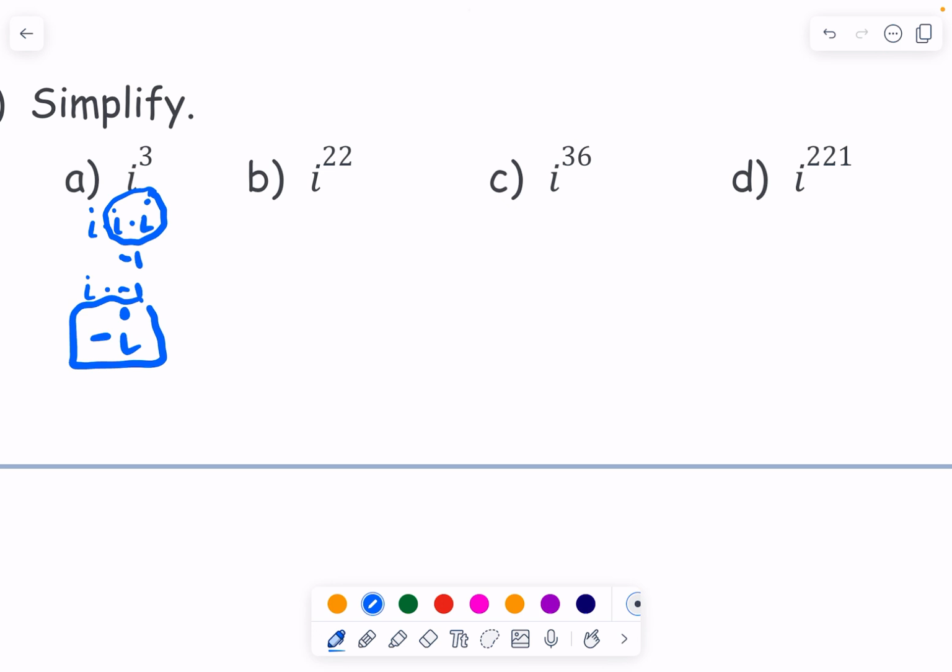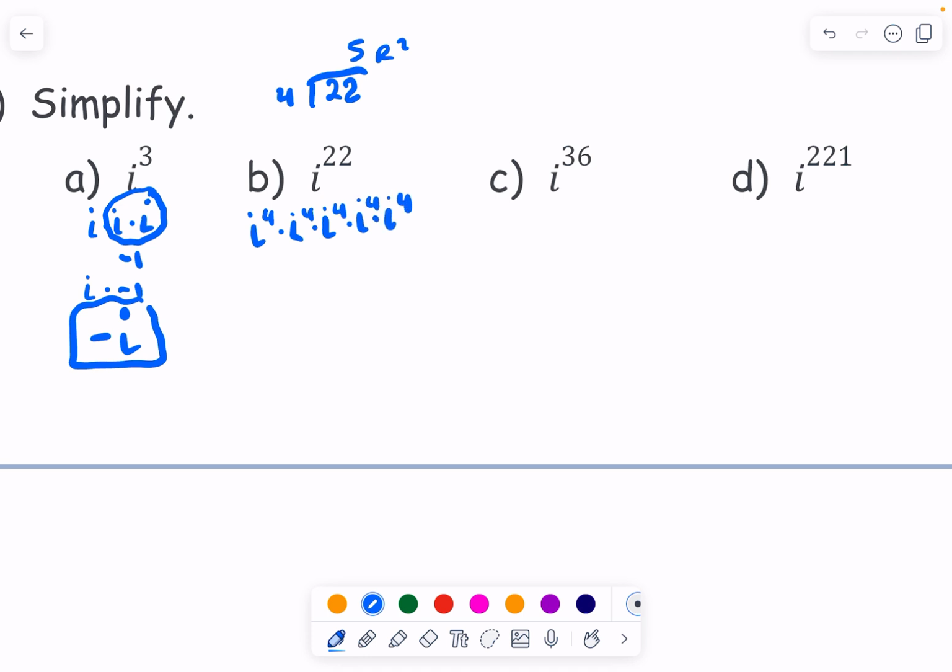Well, I can look at 22 and ask myself how many 4s are in 22. So that's actually 5 remainder 2, right? So let's talk about what that means. That means I can make 22 by going i to the 4th, i to the 4th, i to the 4th, i to the 4th, i to the 4th.